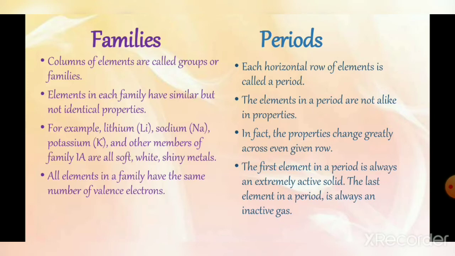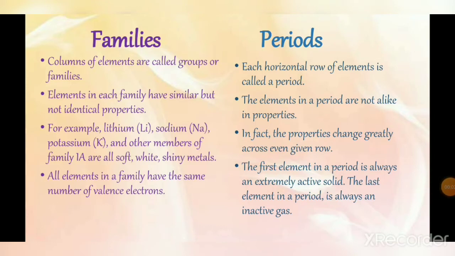Now in groups, the families, all the elements in a family have the same number of valence electrons. This is a very important point. If we go through any group, for example 1A, you will get the same number of valence electrons, that is 1, and after that there is another group, 2A, where you will get the +2 oxidation state, or we can say their valence electrons are 2.